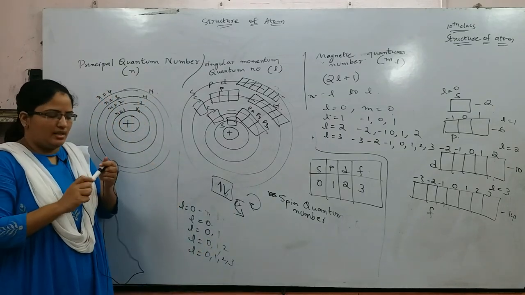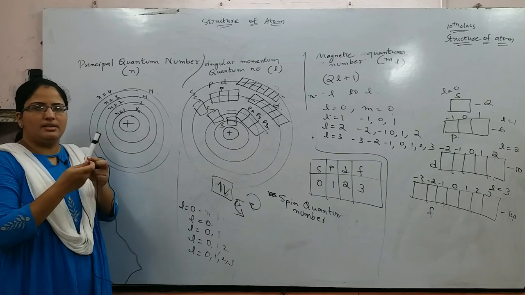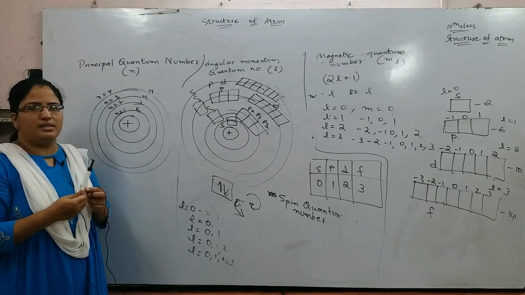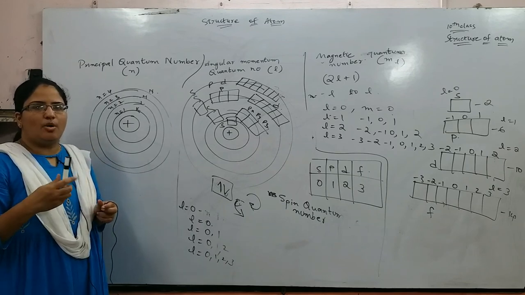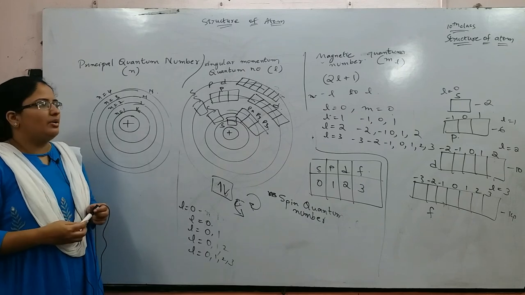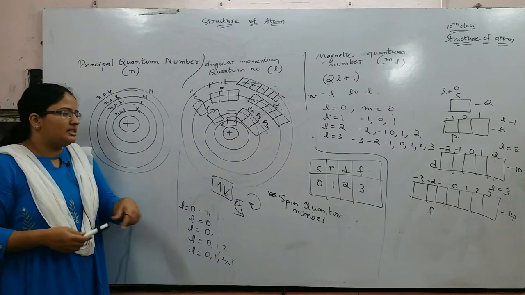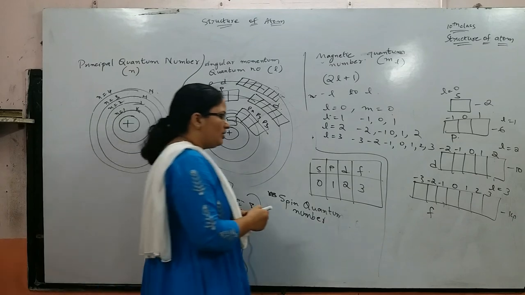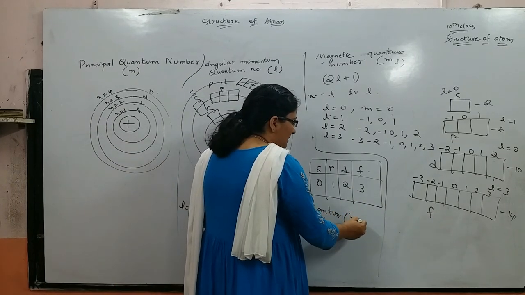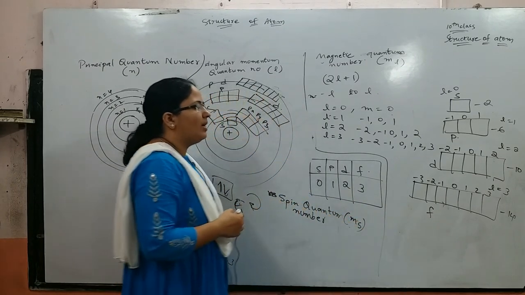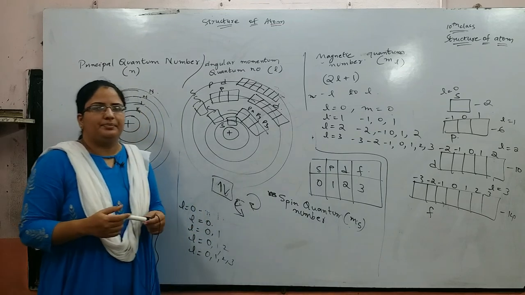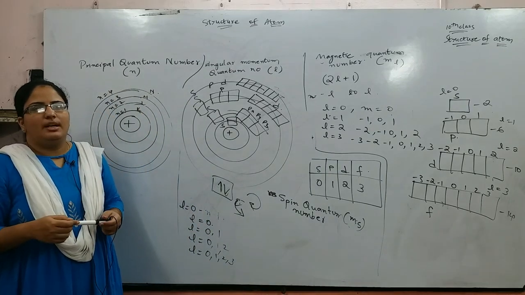Let us say one electron is spinning like this around the nucleus. The other electron will be spinning in the opposite direction. That is what the spin quantum number is. It is denoted by ms.